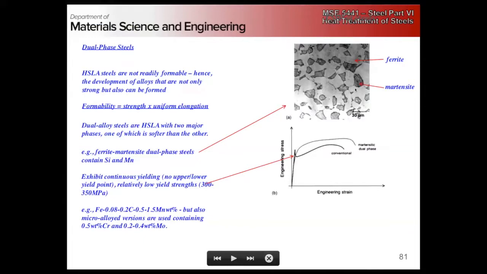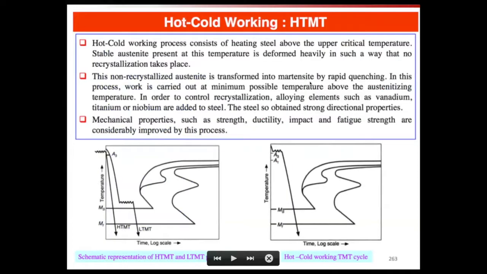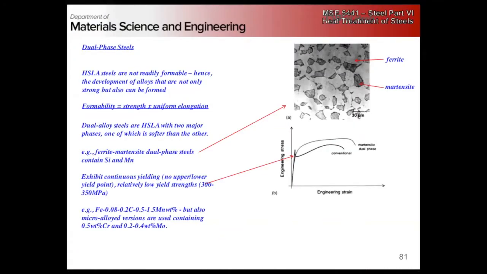This is really more of a composite than what we would typically think about, because these martensite particles are very hard, very tough. They act much more like a ceramic reinforcement than a different phase of steel in this case, and then very soft ferrite.